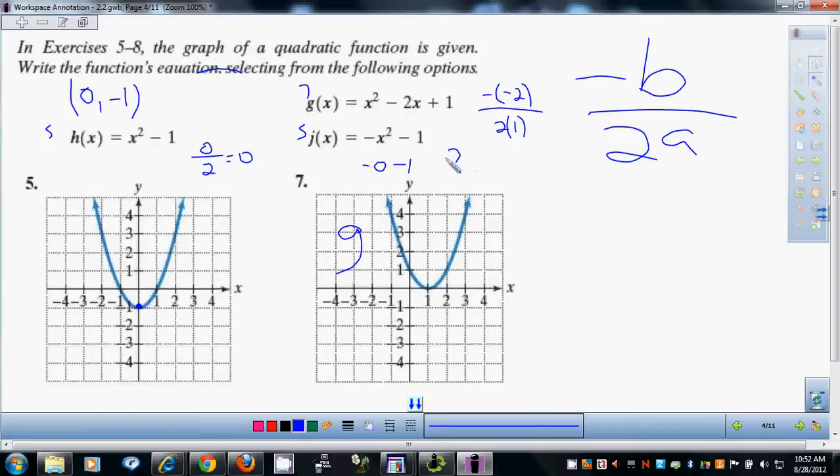That one is also. So both of these could work right now. Well, which one is it, H or J? It is H. Why? That's right. It's positive, so it's going up. This one is negative, so it would have been going down. So this one is H.